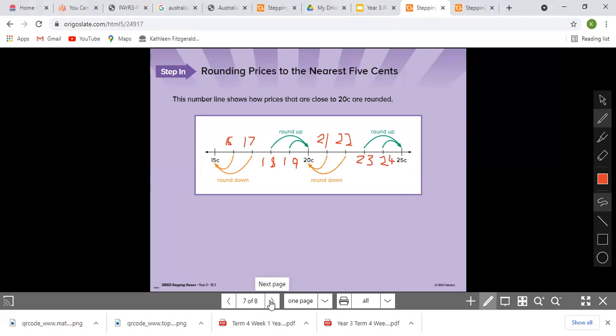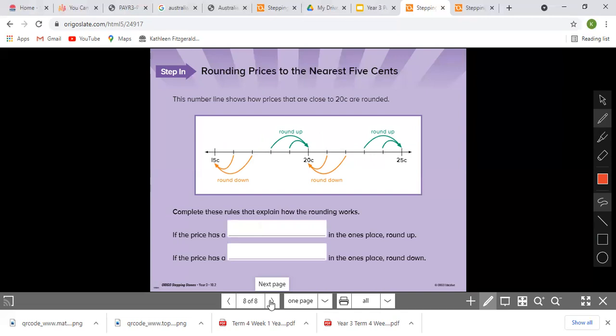So then the next question in the step-in problem is, if the price has a something in the ones place, round it up. Okay, so if the price has an 8 or a 9 or a 3 or a 4, we're going to round it one place up.